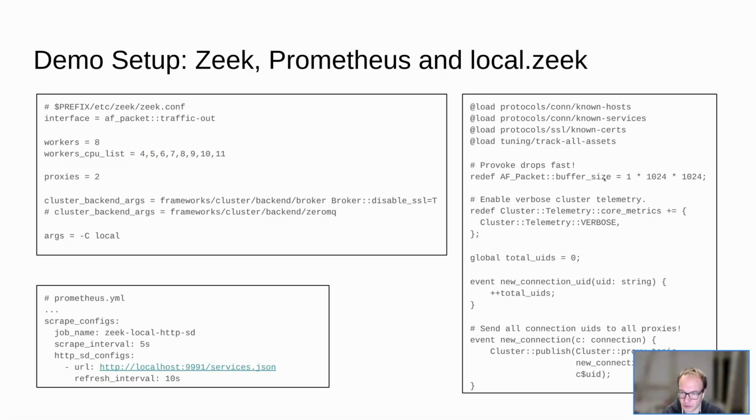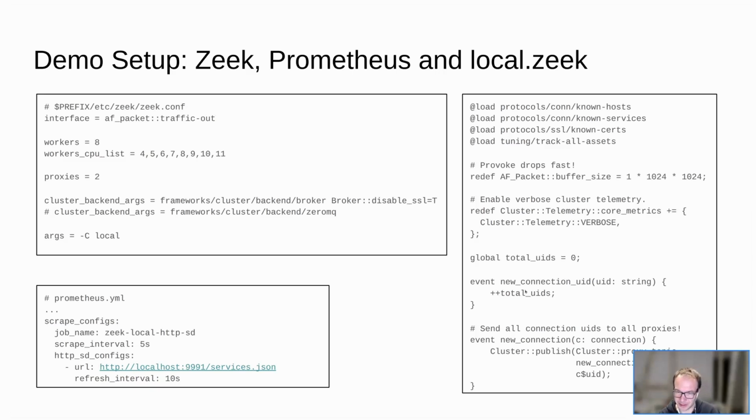You usually don't want to do this in a production setup. You want to use a high or highish value. And then enabling some extra telemetry. And at the bottom, this is pretty unusual.